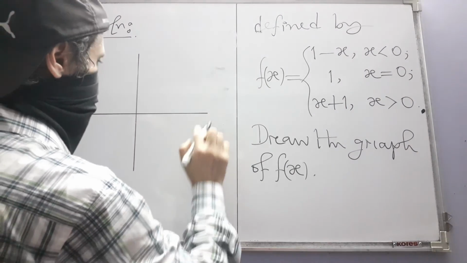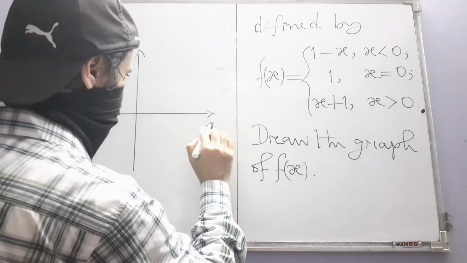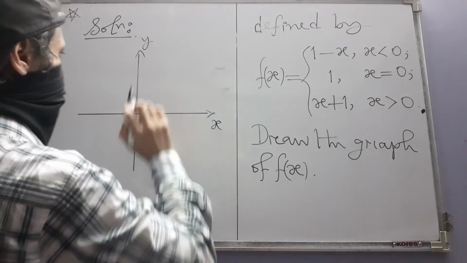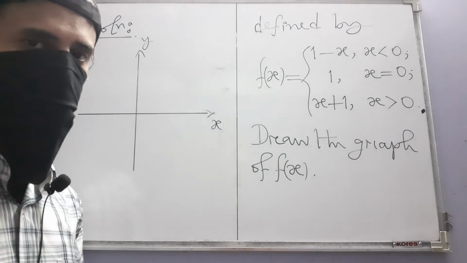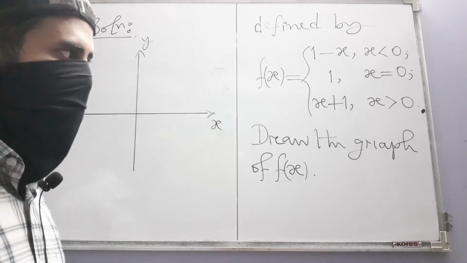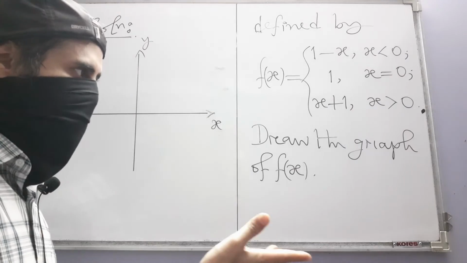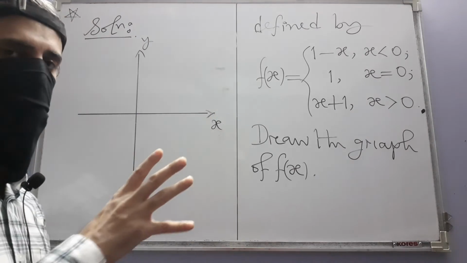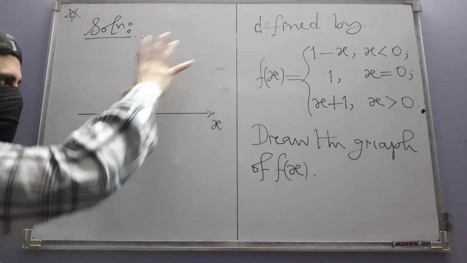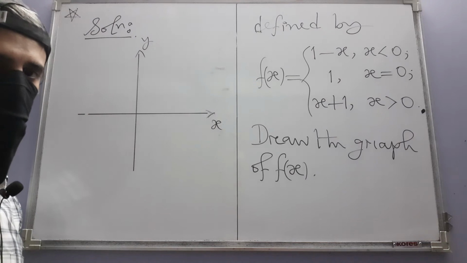Another advice when drawing graphs: if you are not really sure about what the graph is, I mean sometimes things will be familiar, say you have an equation about which you know roughly how the graph is going to look or in which part of the coordinate plane it's going to lie.